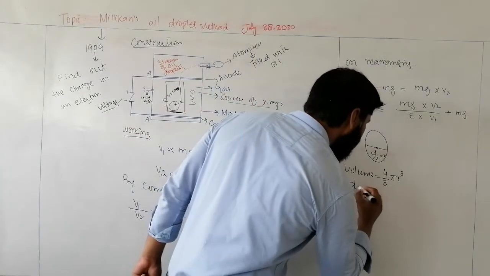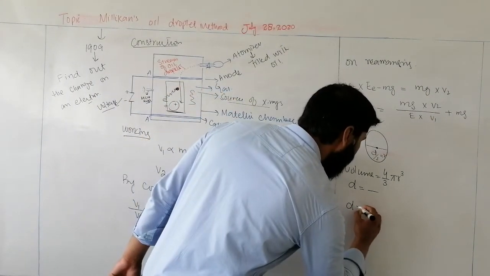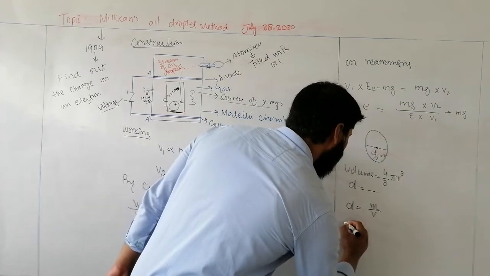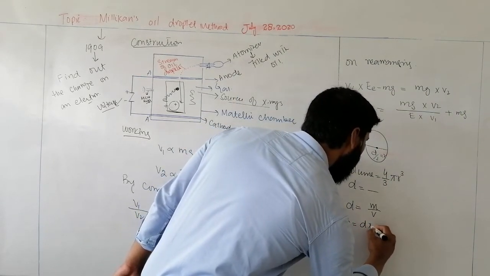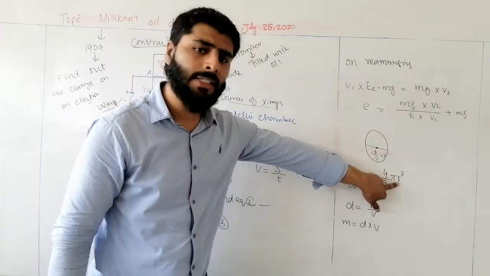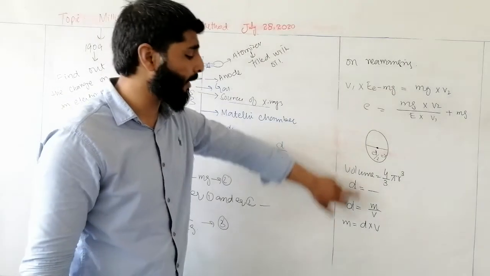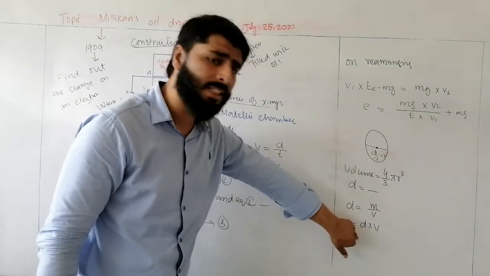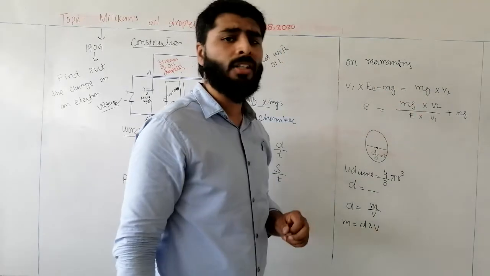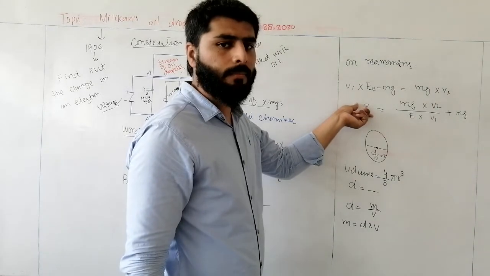And if we have the density of the droplet, then by using the formula d is equal to m upon v, on rearranging, m will be equal to d cross v. If we have the value of radius, we can easily find the volume, and by multiplying the volume with the density we will get the mass, and by putting the value of mass here we can find the charge on a droplet or charge on an electron.